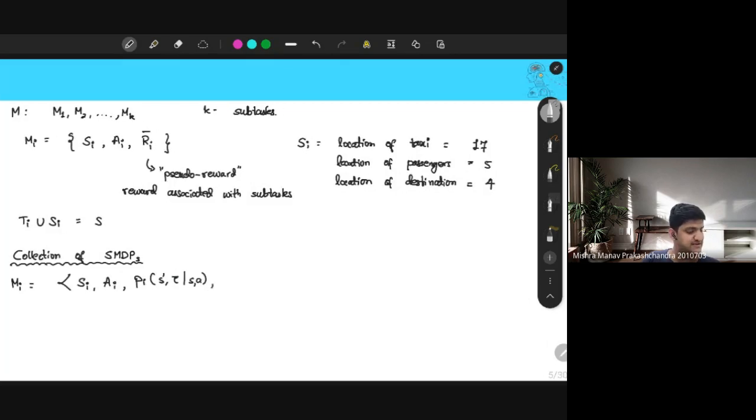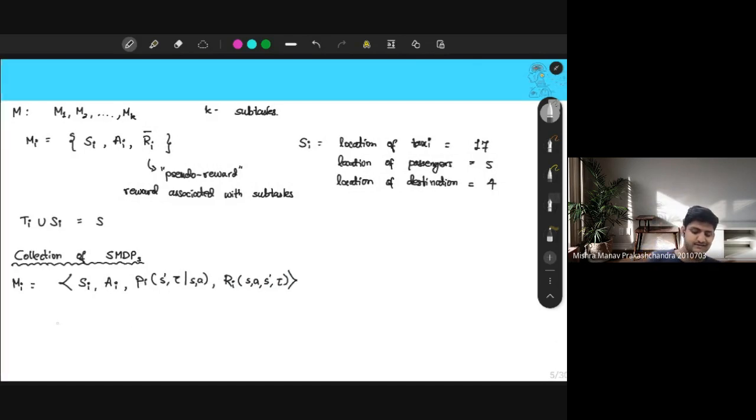Similarly, you have the associated reward function, Ri of S, A, S prime, and tau. So this constitutes the entire SMDP for a given subtask.